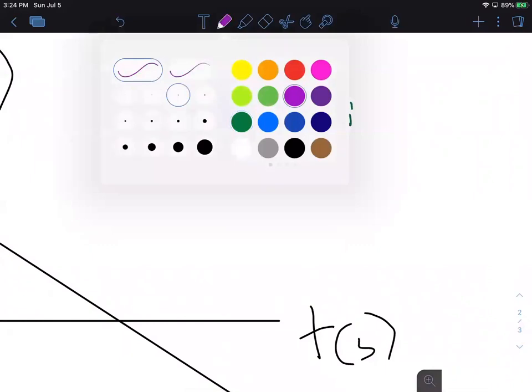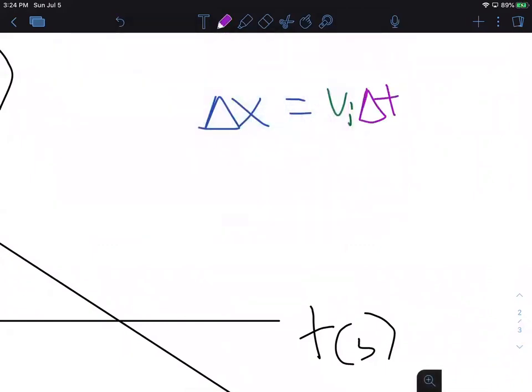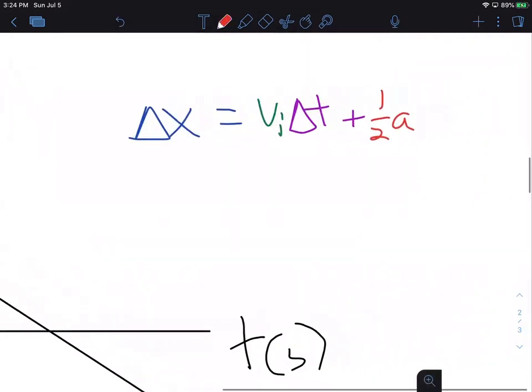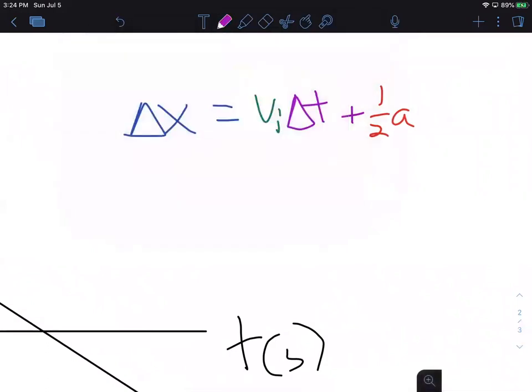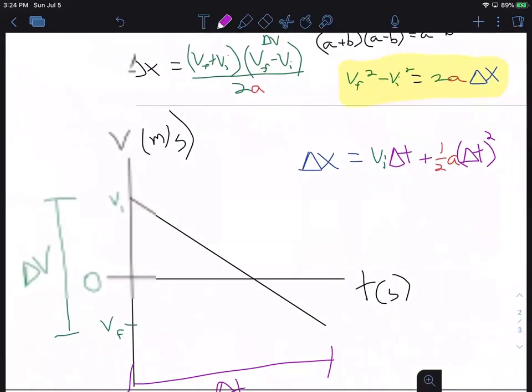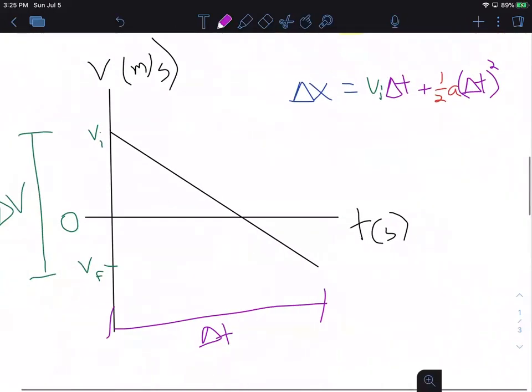Gotta match my colors. Plus 1/2 a delta t squared. One thing to note is that here the acceleration is going to be a negative value.